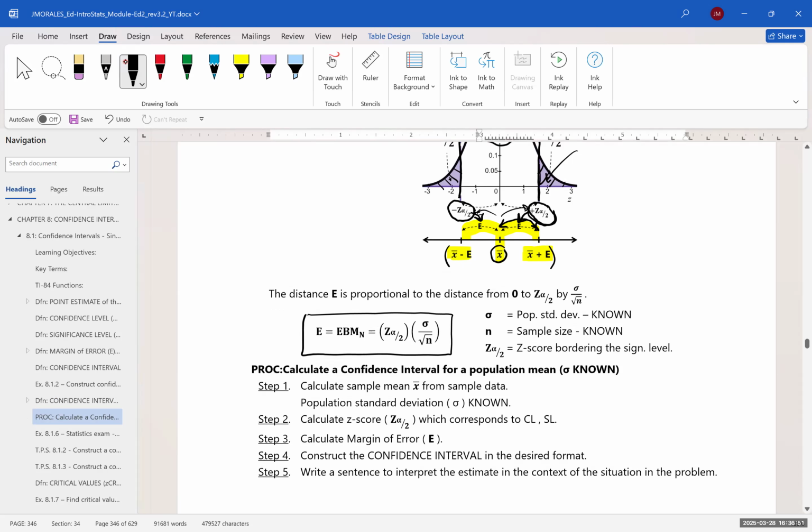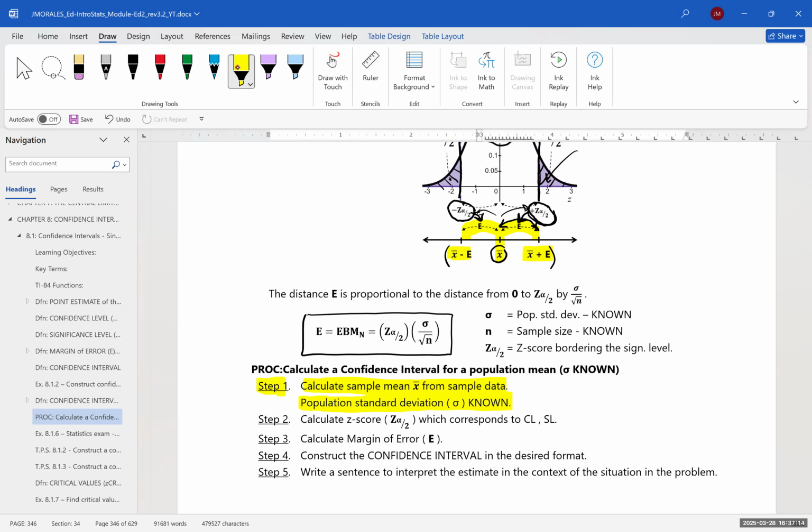So what are the steps involved to calculate a confidence interval for a population mean? So step one is to calculate the sample mean from the sample data. And you have to be told what the population standard deviation is.